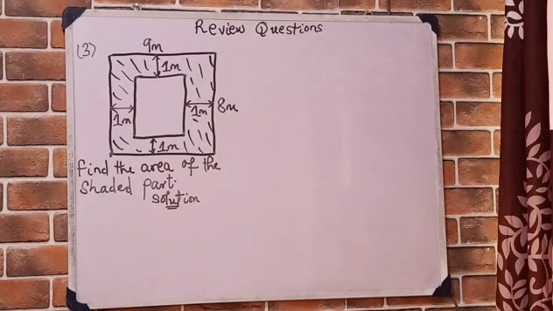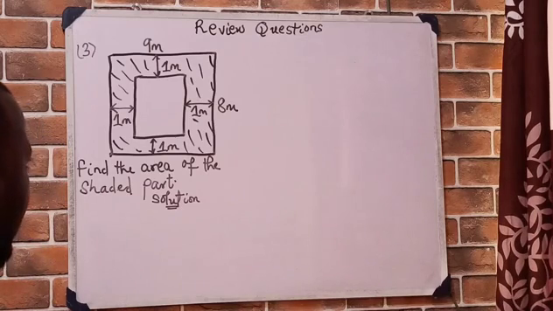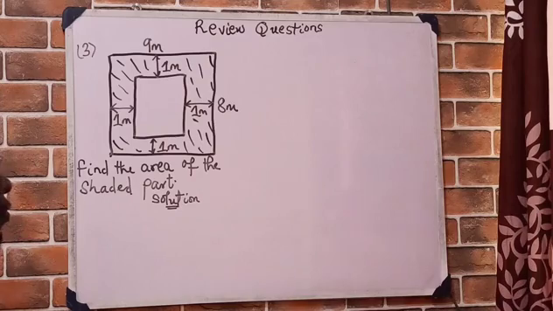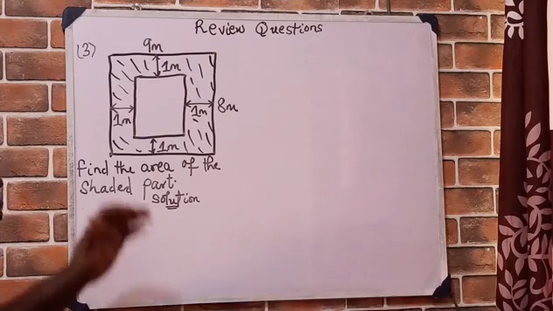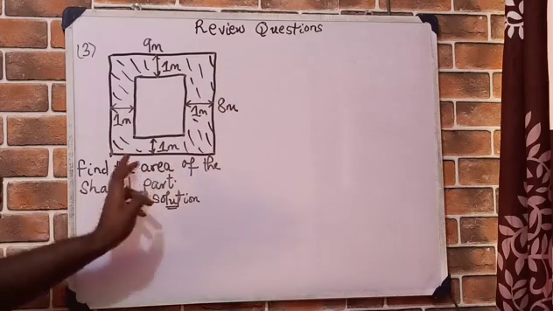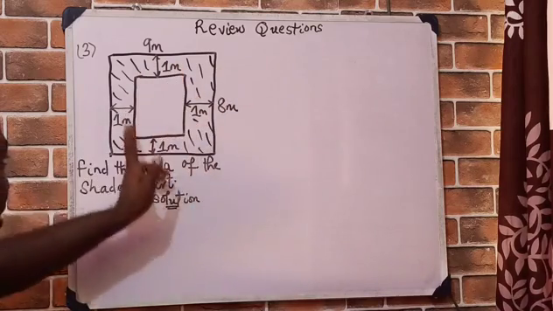Find the area of the shaded part. In the figure, we have two same figures, which are rectangles and then a mini rectangle.